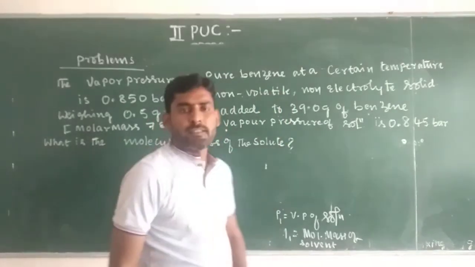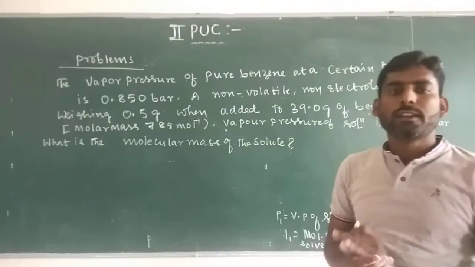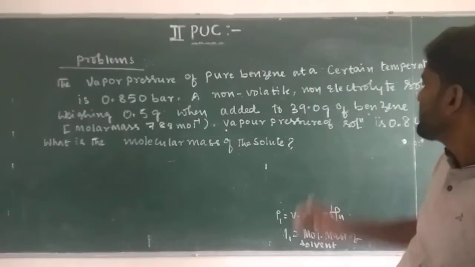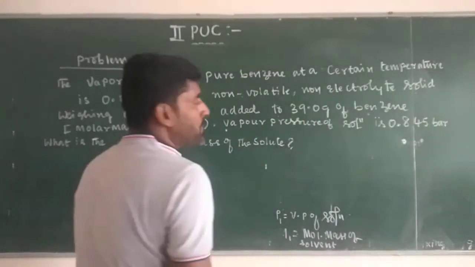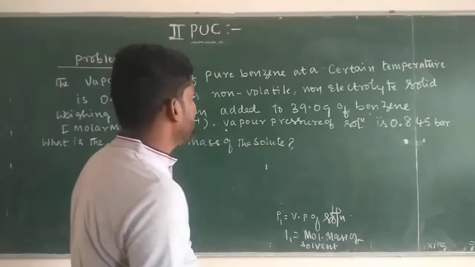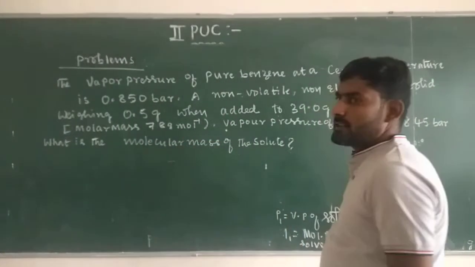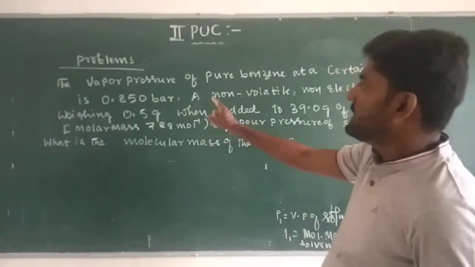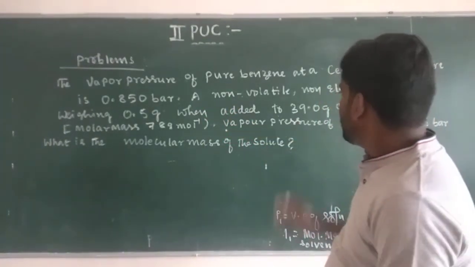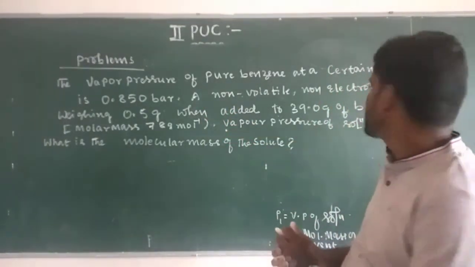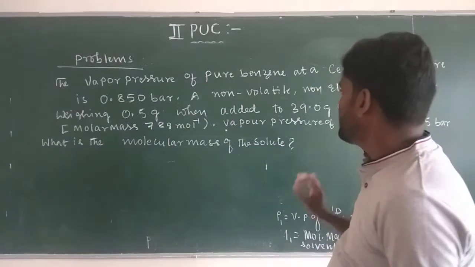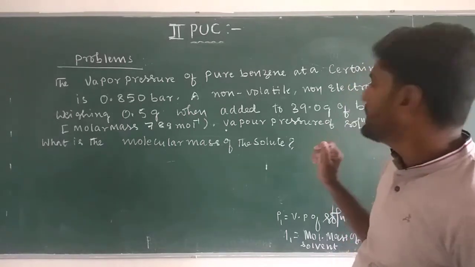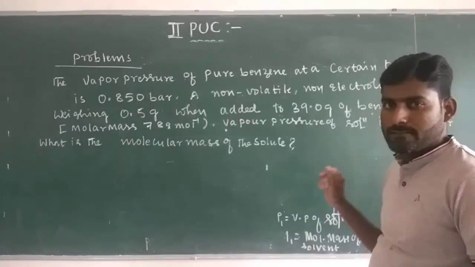So this is the problem on relative lowering of vapor pressure. The problem says that the vapor pressure of pure benzene at a certain temperature is 0.850 bar. A non-volatile, non-electrolyte solid weighing 0.5 gram is added to 39.0 gram of benzene.